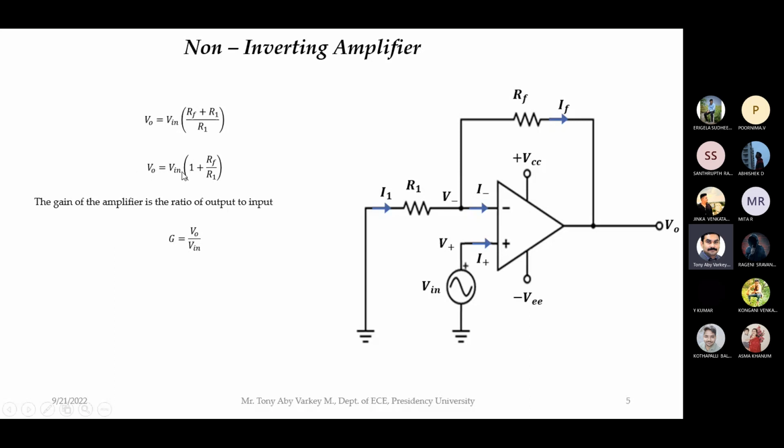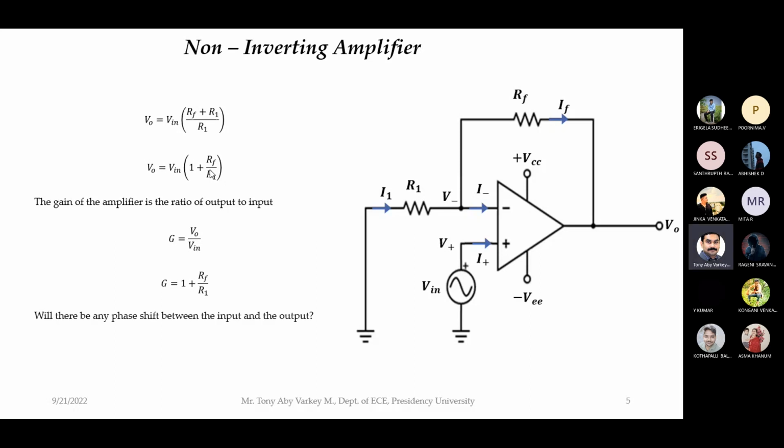So from this equation, if you bring V in to this side, you will get V output by V in is equal to 1 plus RF by R1. So gain of a non-inverting amplifier is 1 plus RF by R1. So please remember, output voltage of a non-inverting amplifier is given as 1 plus RF by R1 into V in. Okay, and the gain is 1 plus RF by R1.